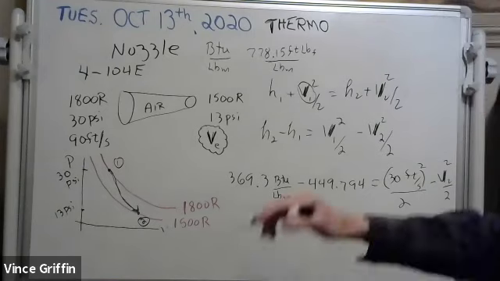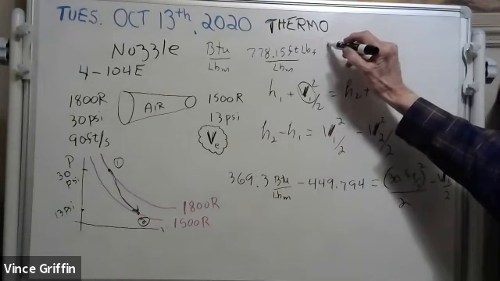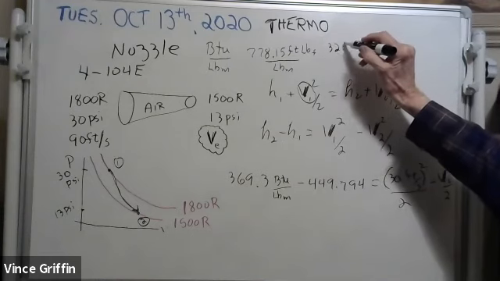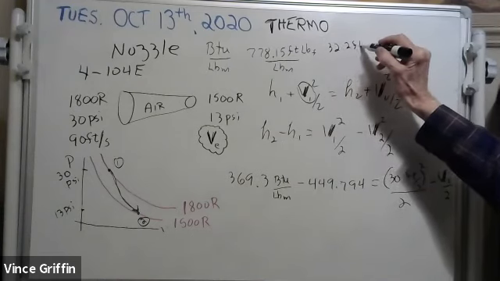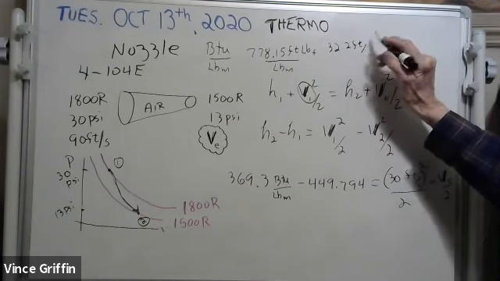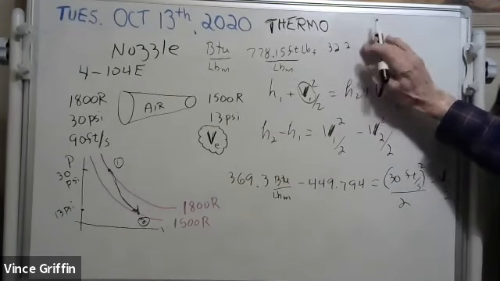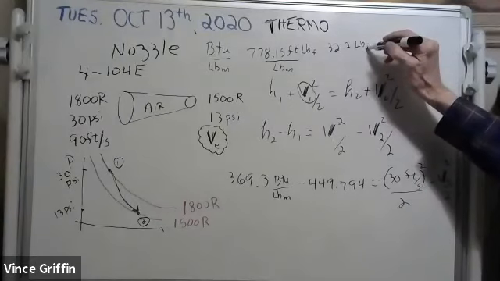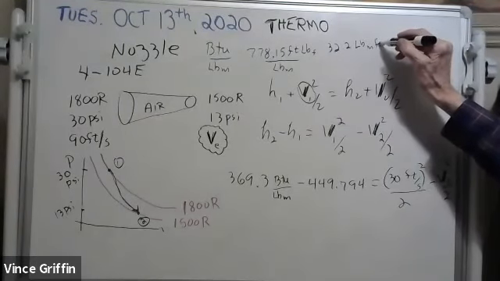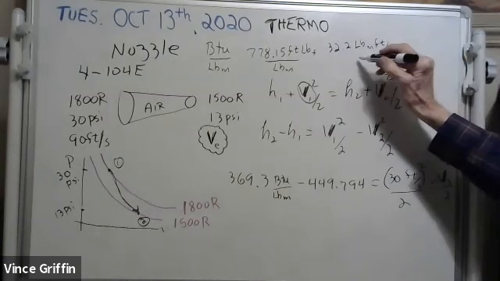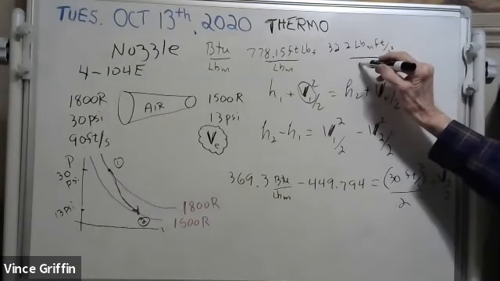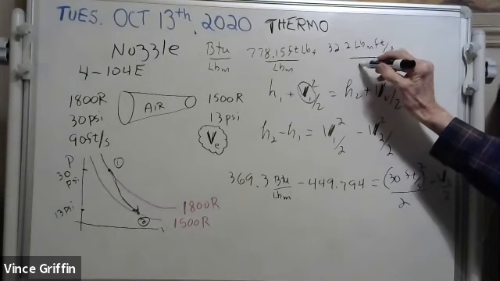Now, a pound force is equal to 32.2 pound mass feet per second squared. That's what a pound force is equal to.